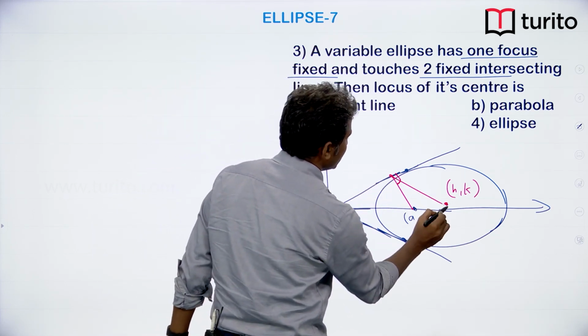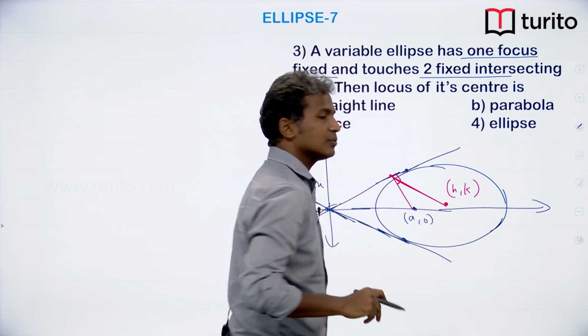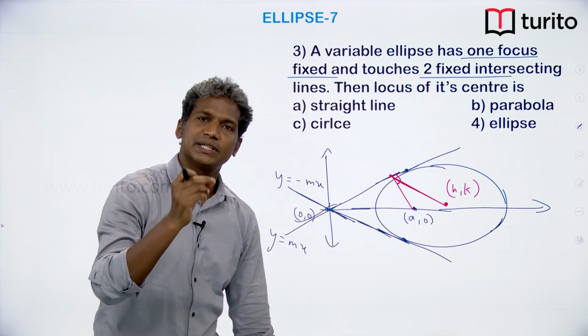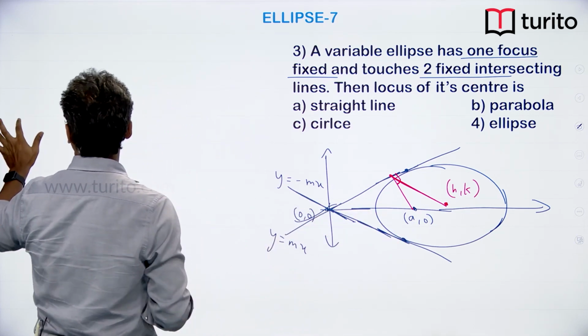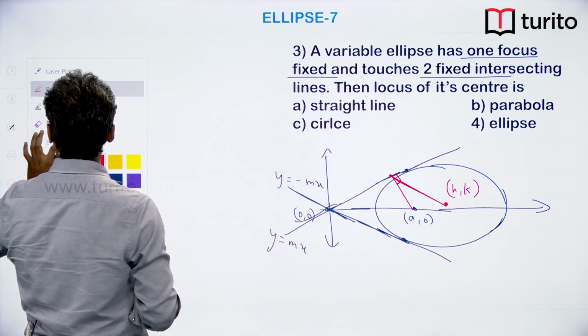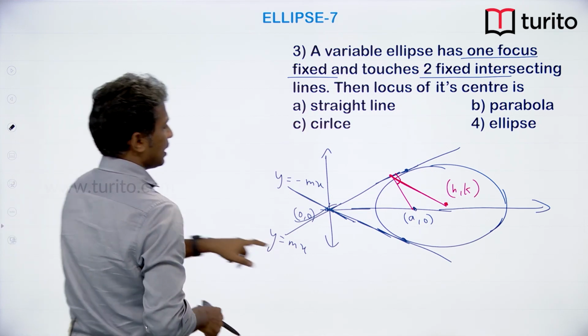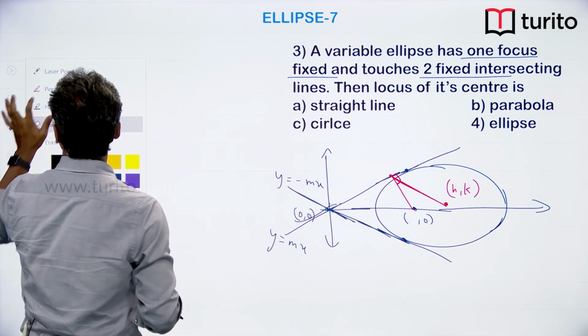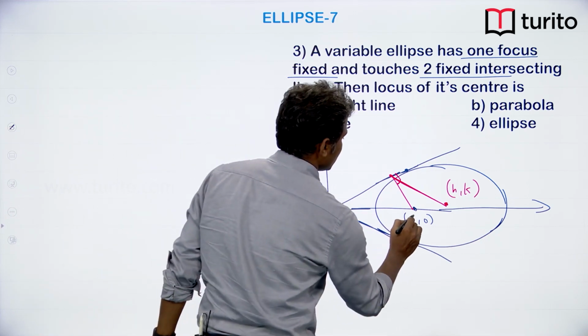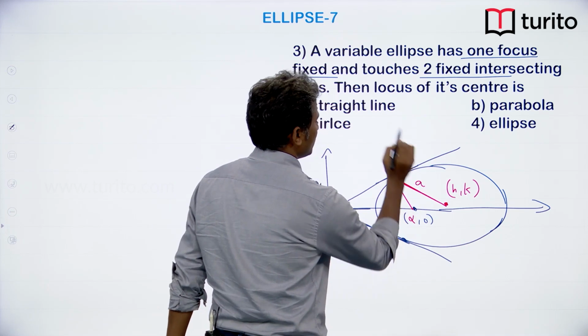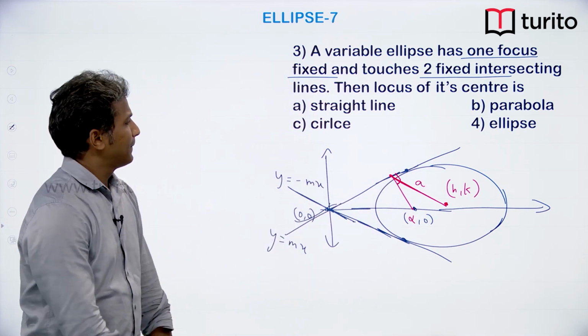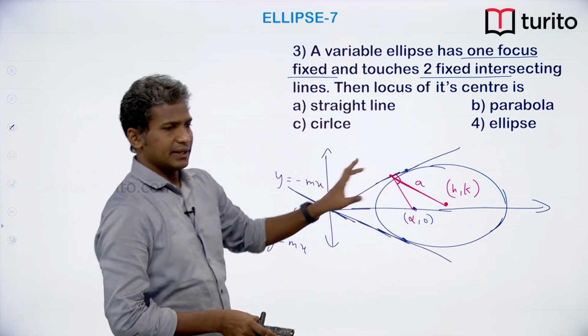So from here to here, the distance has to be equal to the length of the semi-major axis. Because I have taken this as (a, 0), it might cause some confusion, so let me take that point as (alpha, 0). So this is my (alpha, 0). That means this length must always be a. Now let us apply this idea.